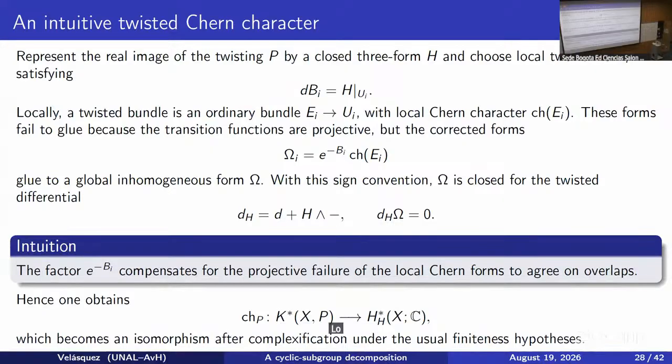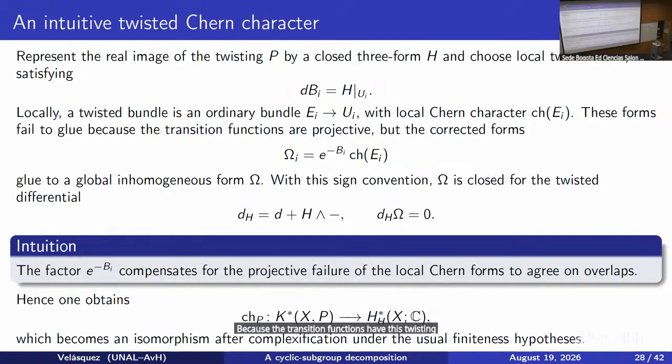Locally, a twisted vector bundle is just an ordinary bundle. Then, for this ordinary vector bundle, we can compute the Chern character, as before. The problem is that when we try to glue all these local forms, it doesn't work, because the transition functions have this twisting.